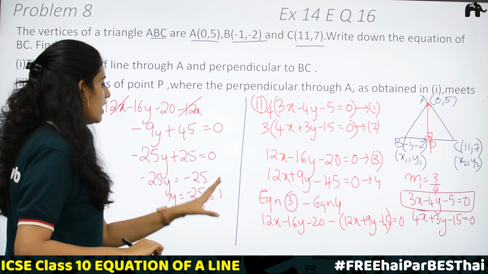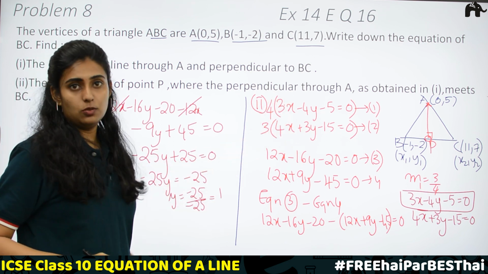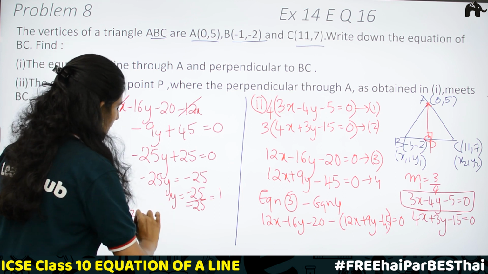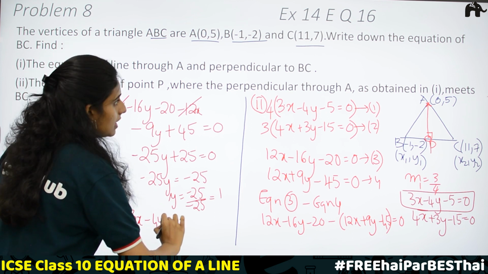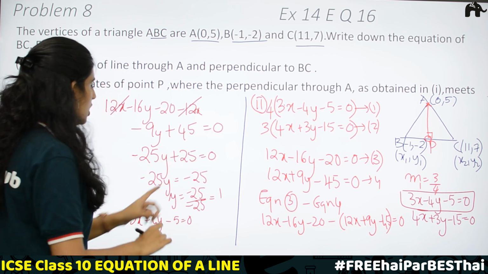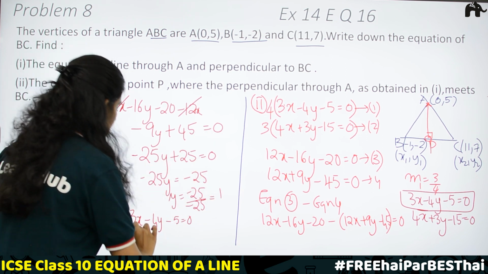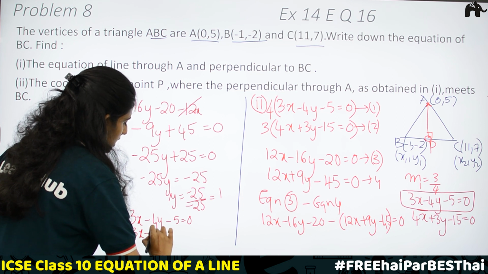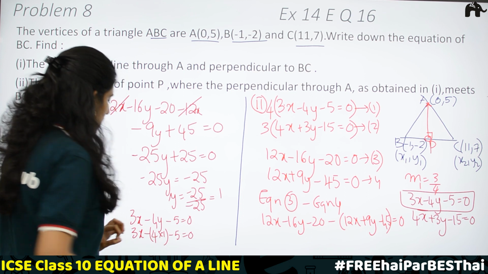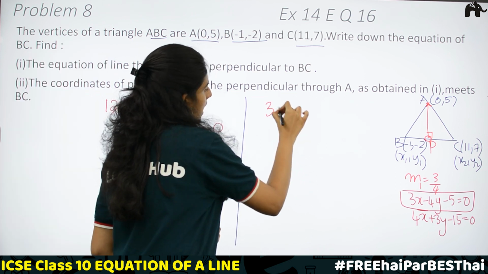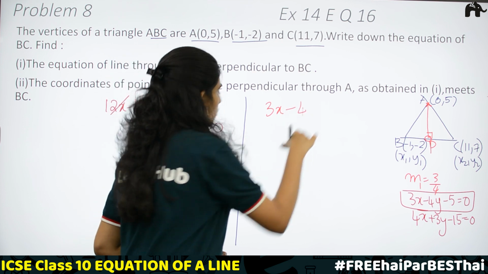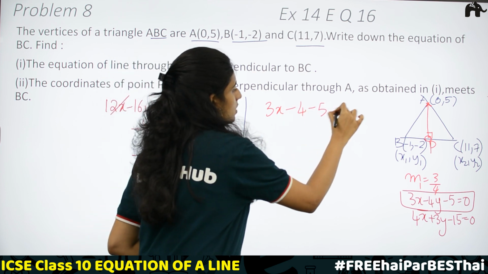Now, substituting the y value in any of these equations, first or second, we can get the x value. 3x minus 4y minus 5 is equal to 0. Here I am taking the first equation. Put y is equal to 1. 3x minus 4 into 1 minus 5 is equal to 0. Then 3x minus 4 minus 5 is equal to 0.